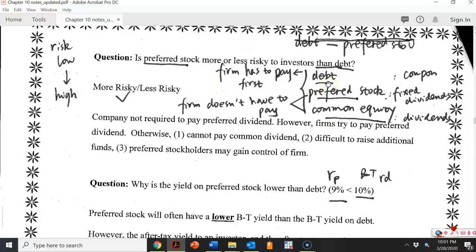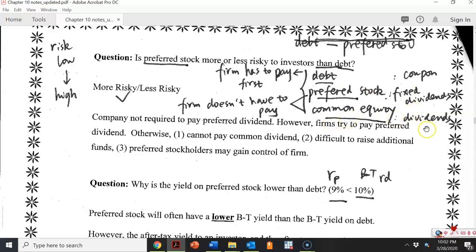But the firm does not have to pay preferred stock or common equity if it doesn't have money left after paying back the debts. And it doesn't have to go bankrupt if it doesn't pay preferred stock or common equity. For debt, the firm has to pay coupons. For preferred stock, the firm has to pay fixed dividends.